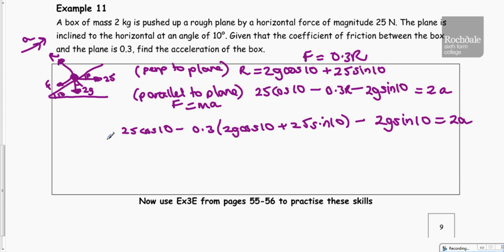So that's a lot to type into your calculator, but if you type it in really carefully, you should get that 2a is equal to 14 and a bit. And so if you then divide by 2 and round off to two significant figures, because it's our final answer, the acceleration works out to be 7.1 meters per second squared up the plane.